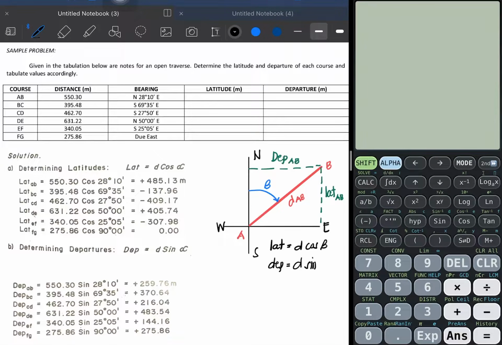The departure is equal to the distance times the sine of beta, the angle from the reference meridian, not from the reference parallel.